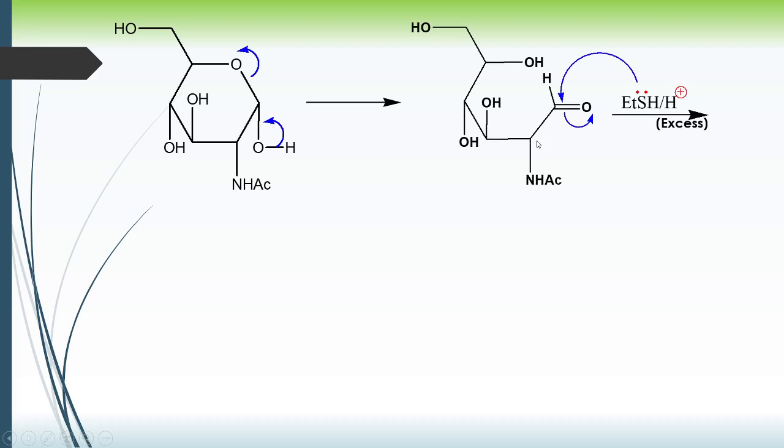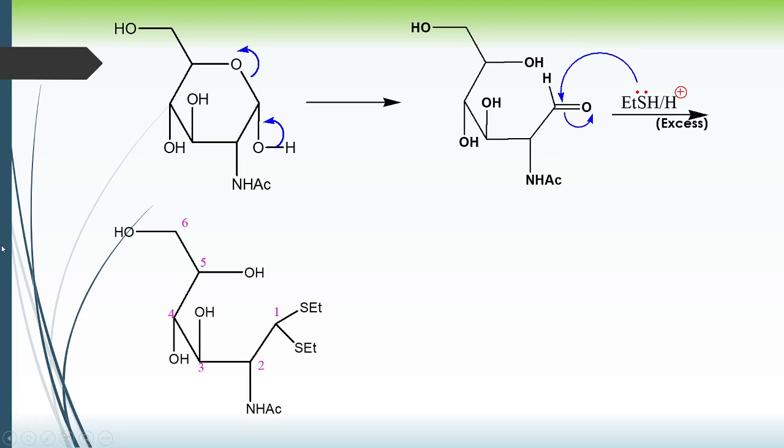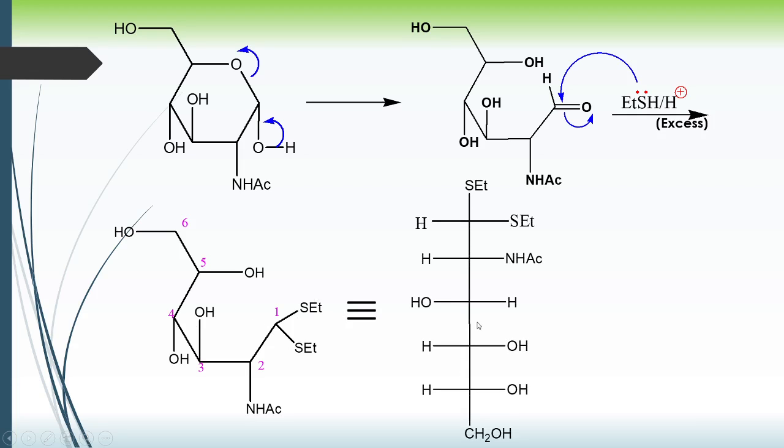So after the formation of this aldehyde, these 2 moles of ethyl thiol can react with this carbonyl carbon, and there is a removal of H2O molecule. We got this product. Okay, so after the formation of this, here we can write like this structure.